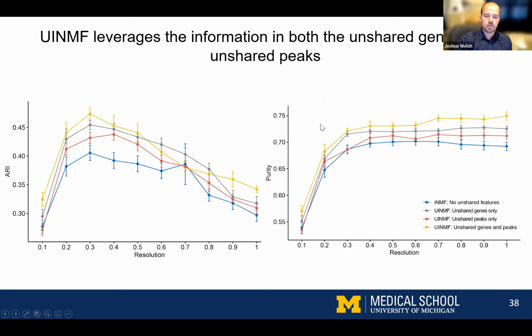Okay, and we did a separate ablation study to see whether the unshared genes or unshared peaks or both gave the best result. And we found that each added something to the analysis, so that the best result came from both unshared genes and peaks.